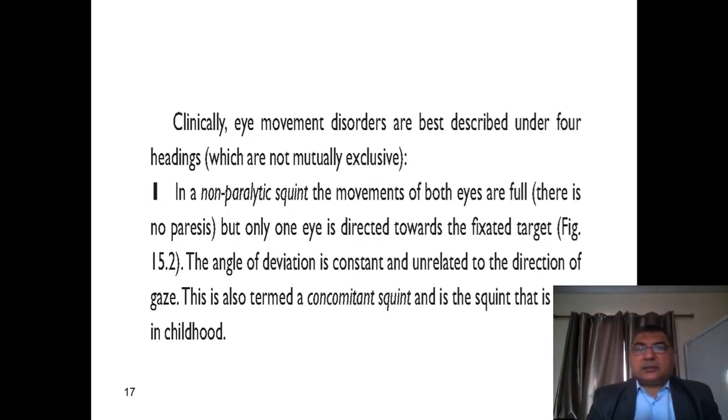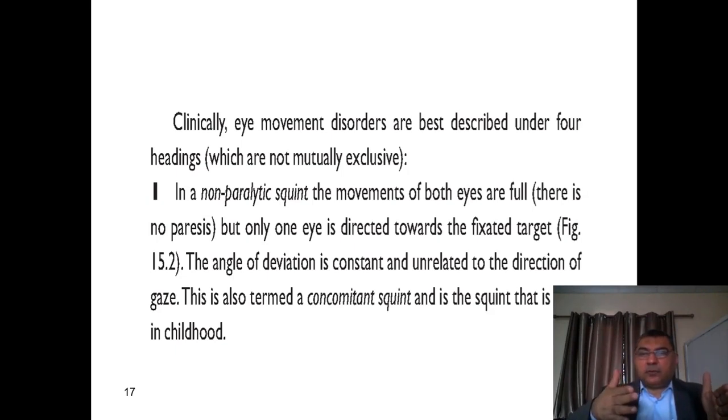So according to this introduction, we are going to discuss different types of strabismus and ocular motility disorders, and generally we divide these into the following groups. First group is the non-paralytic strabismus, in which the eye, for example, is deviated like this, right esotropia, 15 degrees, and this patient has no paralysis of any of his extraocular muscles.